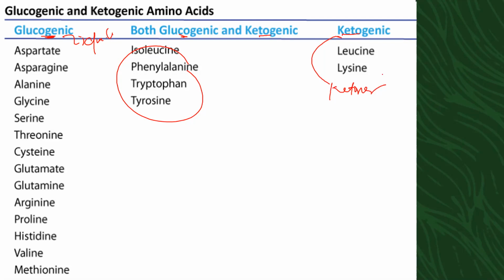Okay? Glucogenic amino acids can be converted into glucose via gluconeogenesis. And ketogenic amino acids are capable of forming acetoacetyl-CoA and acetyl-CoA.